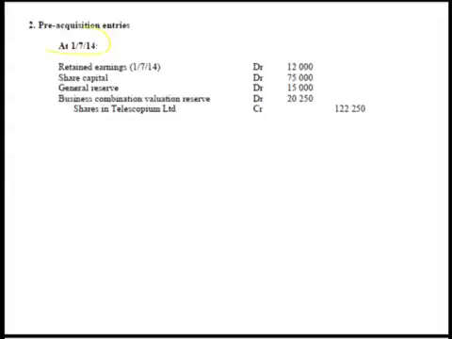So on the acquisition date, we eliminate the subsidiary's equity, which consists of retained earnings, share capital, and general reserve.